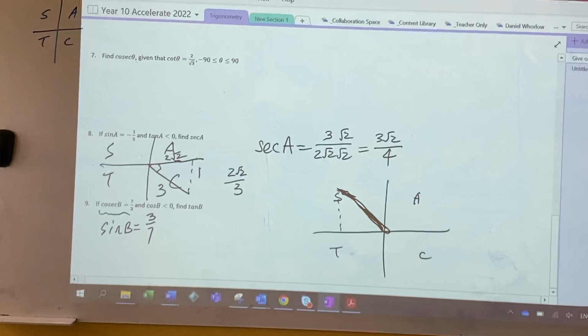Okay. Now, sine is opposite over hypotenuse. Yes? How do I figure out the adjacent? So that will be 49 minus 9 is 40. Square root of 40 is 2 root 10.